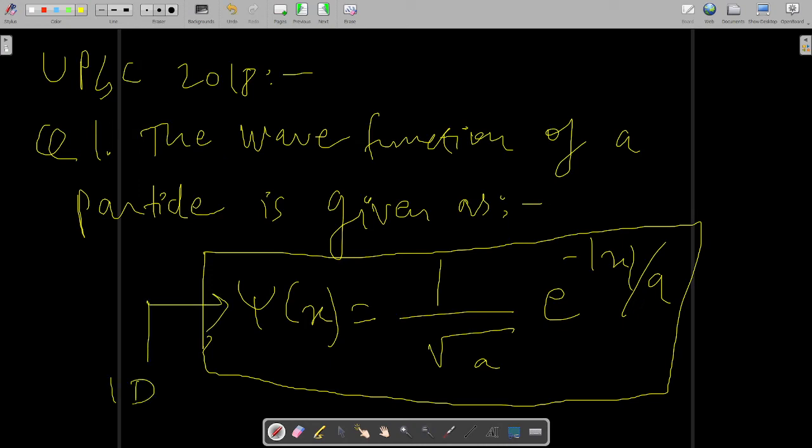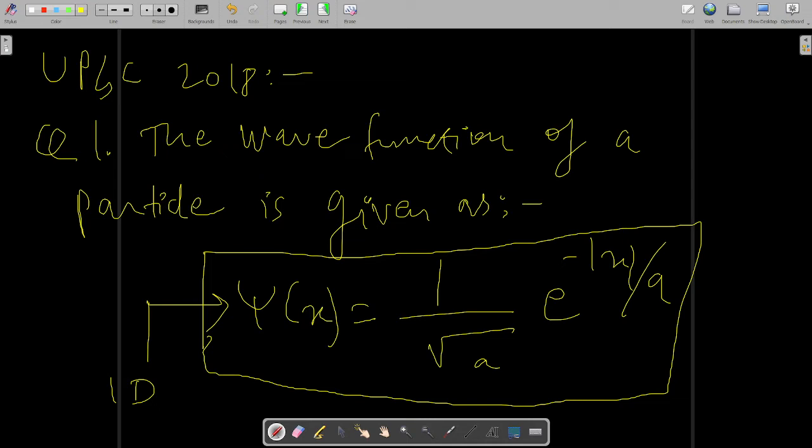I told you in the previous classes about the one dimensional and three dimensional forms. If you haven't revised, it will be difficult for you here.